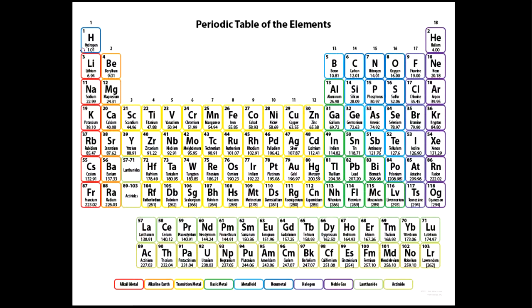That means if I had 1 mole of hydrogen, or if I had 6.02 times 10 to the 23rd atoms of hydrogen, it would weigh 1.01 grams. Hydrogen's atomic mass number is 1.01 grams.